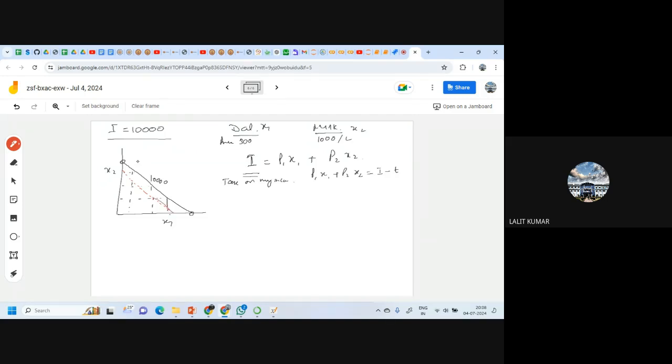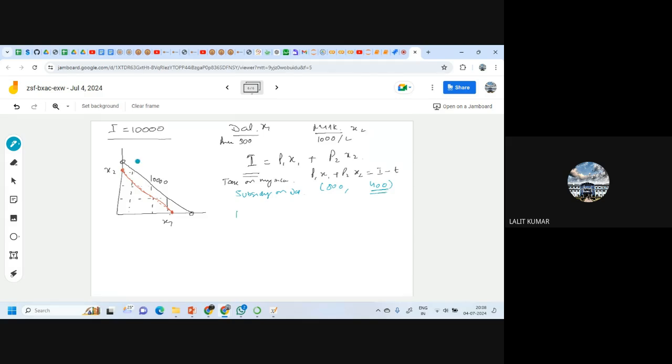Now third, for example, if I get a subsidy on dal, for example, instead of 500, now I get this dal for 400 rupees. So what will happen?